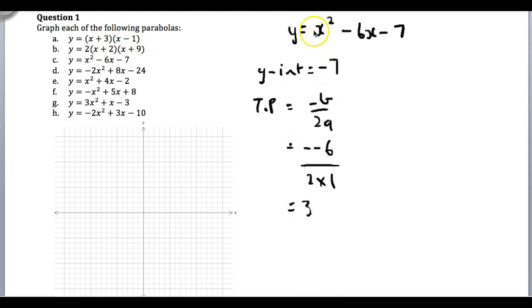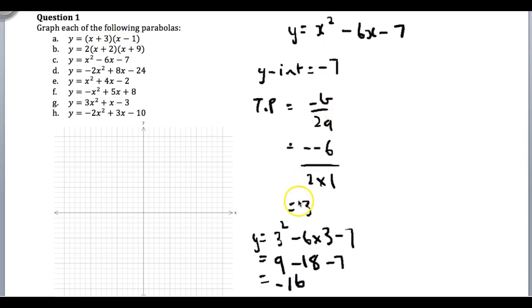Then when we substitute 3 into our equation, we get y equals 3 squared minus 6 times 3 minus 7. So we've got 9, 6 times 3 is 18, and then minus 7. 9 minus 18 is -9, and then minus 7 is -16.